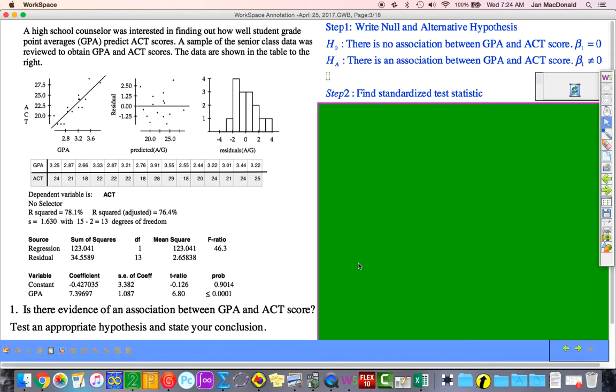And again, we're testing our slope, which is rise over run. So it would be how much ACT score improves based on GPA. Looking at this association, it's clearly a positive association.